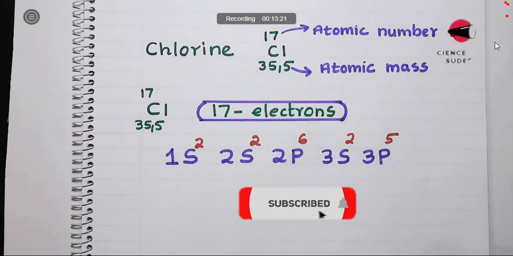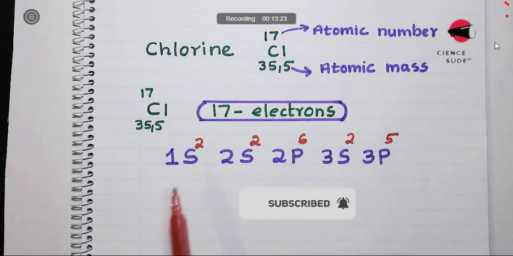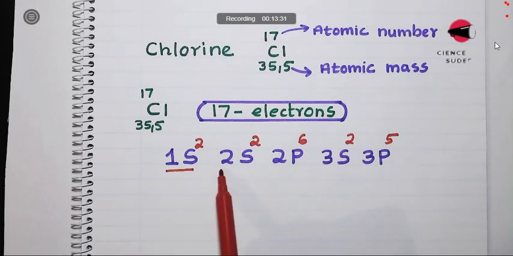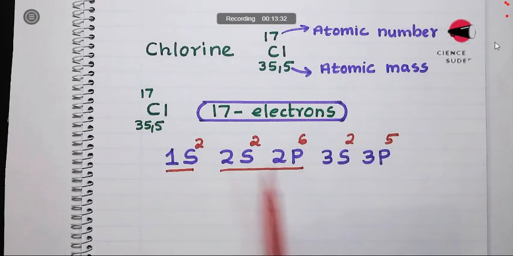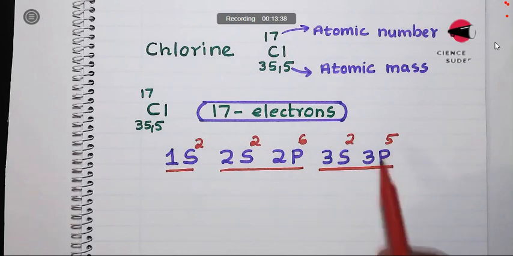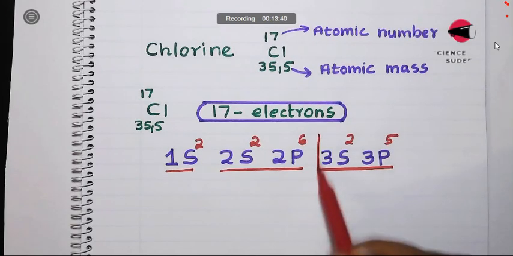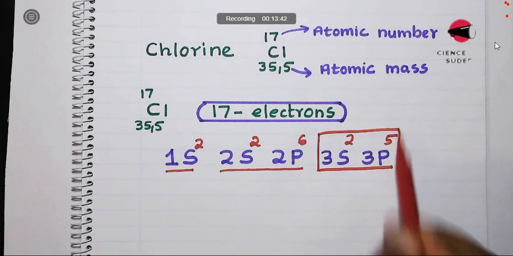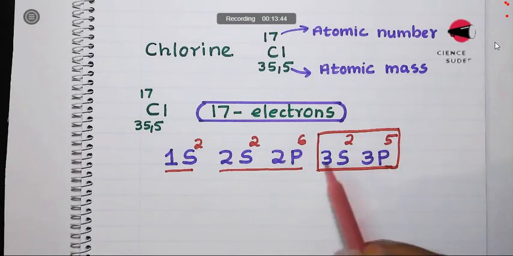Let's find out which are the valence electrons and which one is the valence shell. Look, this is 1s, energy level 1. 2s and 2p are together, energy level 2. 3s and 3p are together. These two are the last shell and they are the valence shell. You must include the s orbital together with p because they have the same energy level.